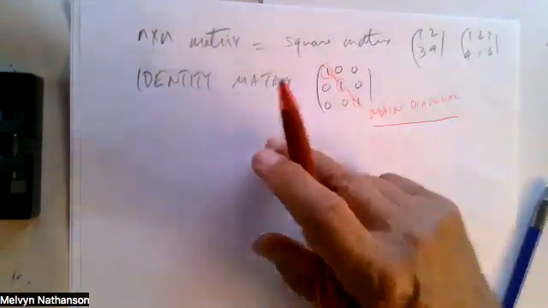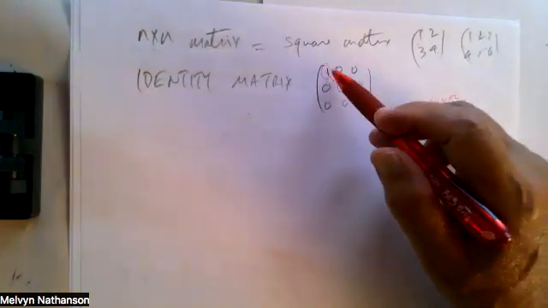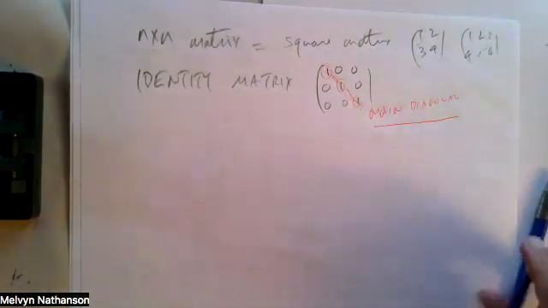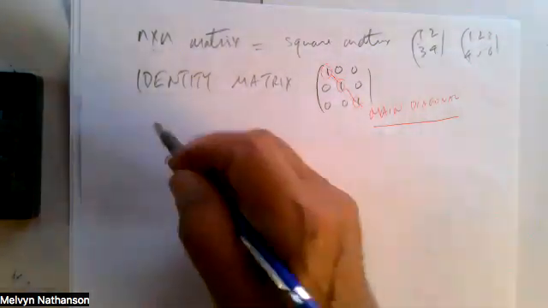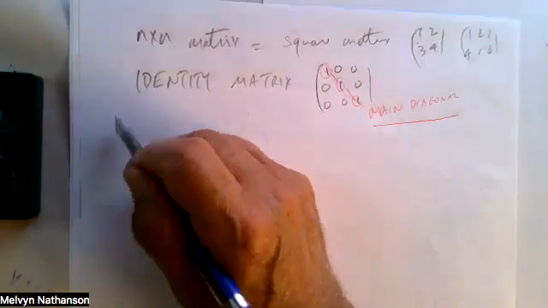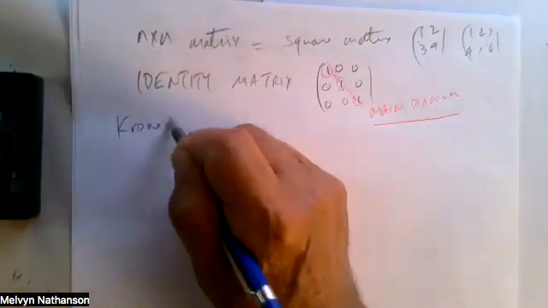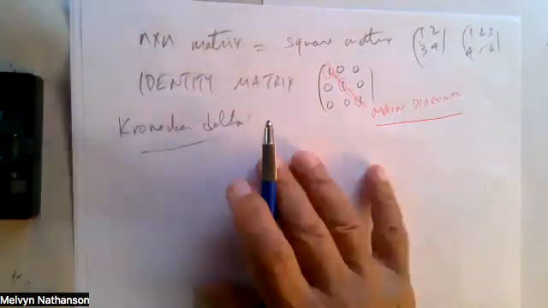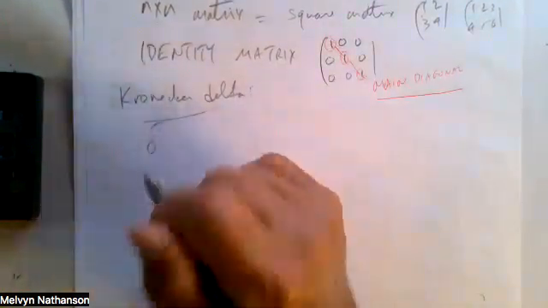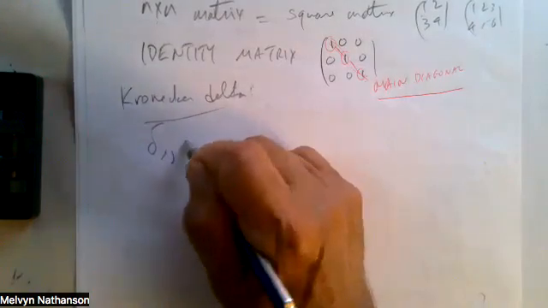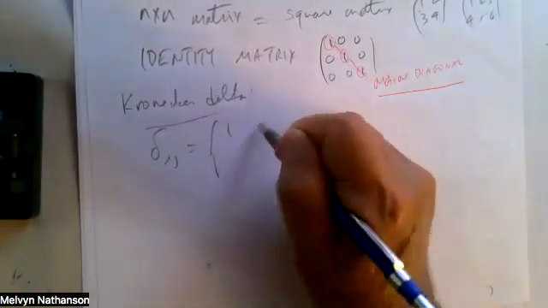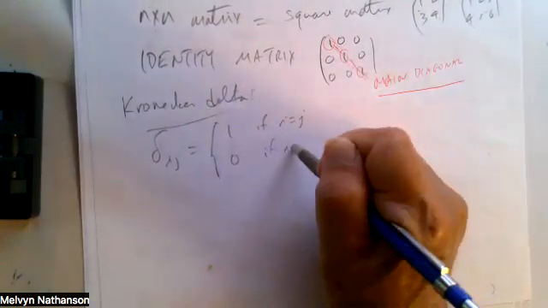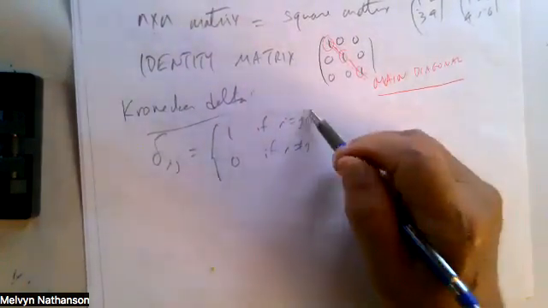And the identity matrix is the matrix where the numbers in the main diagonal are 1 and every other number is 0. And this can be defined or expressed in terms of what is called the Kronecker delta, which we use all the time in linear algebra. Delta, that's the Greek letter delta ij, is defined to be 1 if i equals j and 0 if i is different from j.